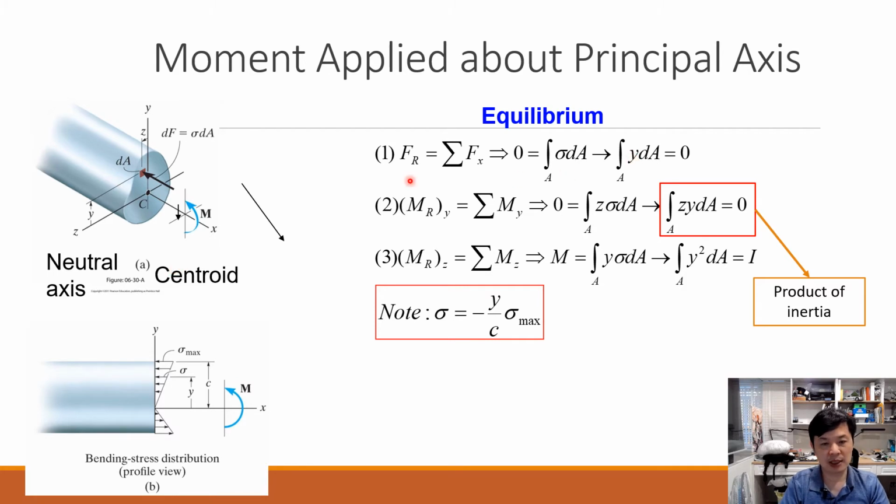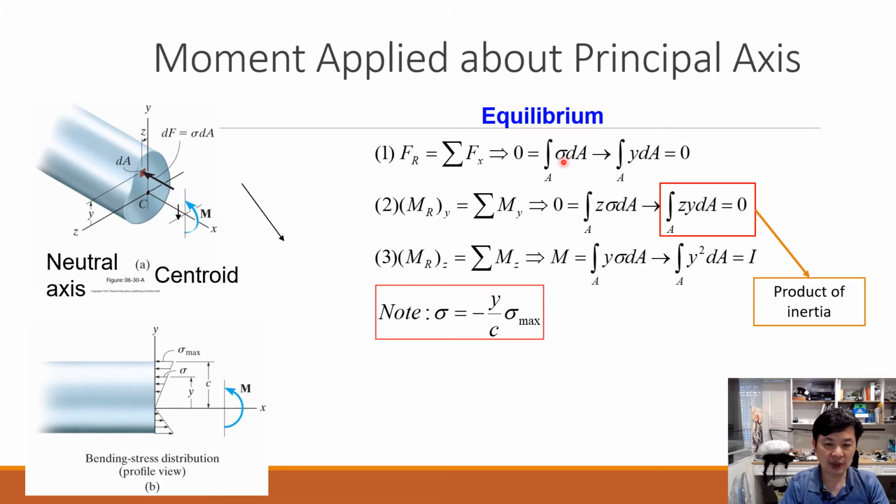Okay, so let's start from the first equation. The first one, you will see that the summation of force, it means dF equals sigma times dA. We summarize all these dF together over the surface, and we should get 0 because we don't have any resultant force along this cross-section or at the centroid.